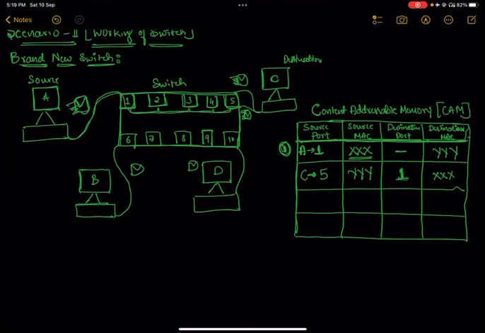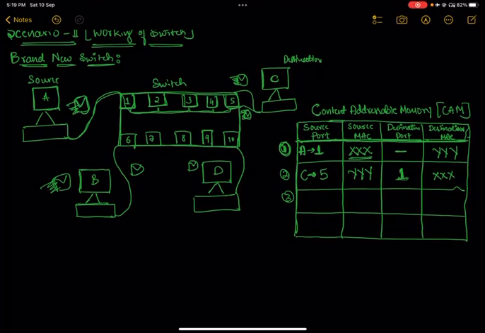So whatever packet might come next, it would easily populate. It can easily understand to which port C is connected, what its source machine and source MAC are, and what the destination MAC would be, everything. But let's assume that now A sends a packet to B.